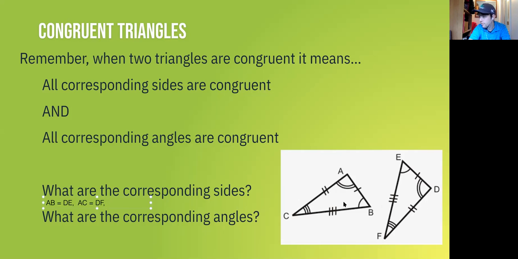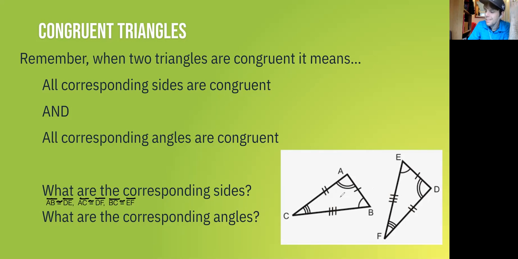And then finally, BC would correspond with EF. And obviously, I got to add a little bit of extra notation on this. These are all segments, so we want to mark those as segments. And these should be congruent symbols here. So I'll put a little squiggly there for a congruent symbol.